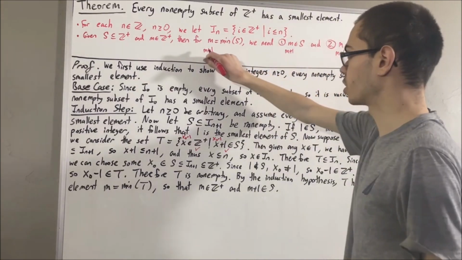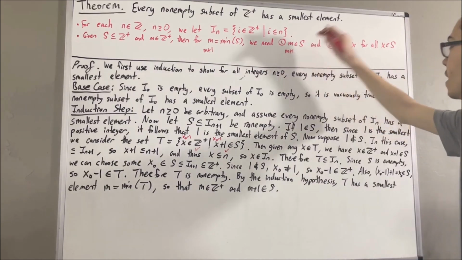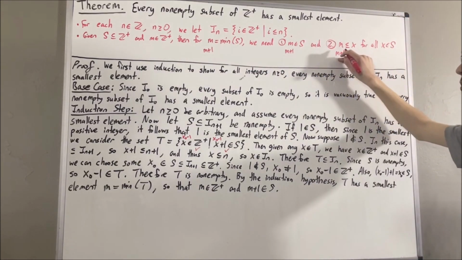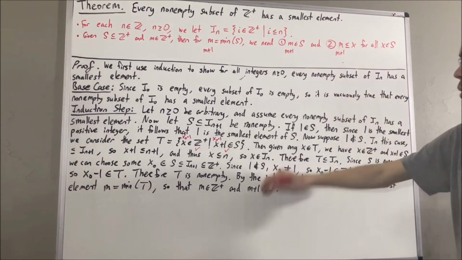To show that m plus 1 is the smallest element of S, we want to show that m plus 1 is an element of S, and every element of S is greater than or equal to m plus 1. Well, we know that m plus 1 is an element of S. That's what we have here.